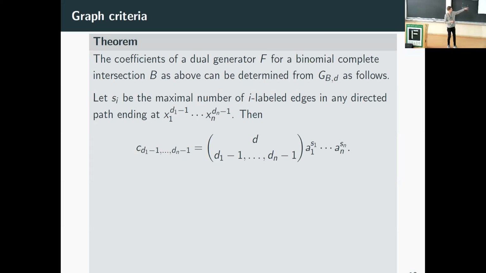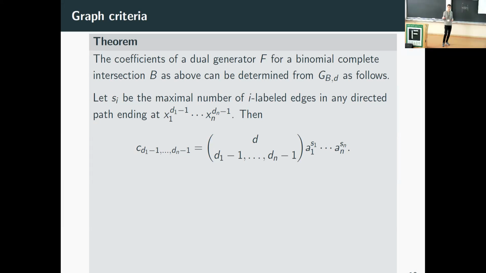And then we let this number be the coefficient of all the a's here. And then we need some multinomial coefficients to normalize it. Okay, so then that is the coefficient of this guy.